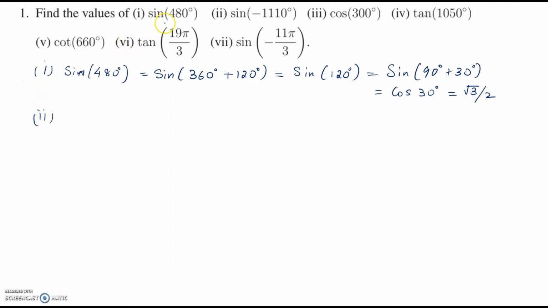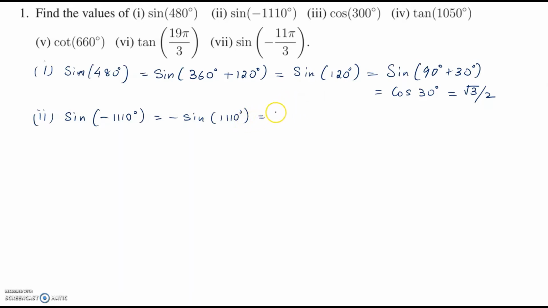The second question is find sine minus 1110 degrees. We know that sine minus theta will be equal to minus sine theta. So this is minus sine 1110 degrees. You can further break this 1110 as 3 full cycles of 360 plus 30 degrees.